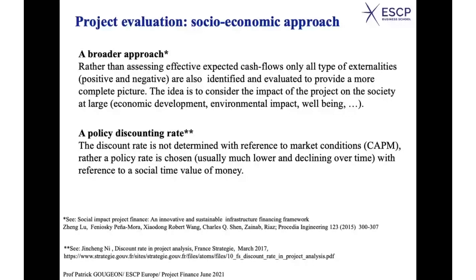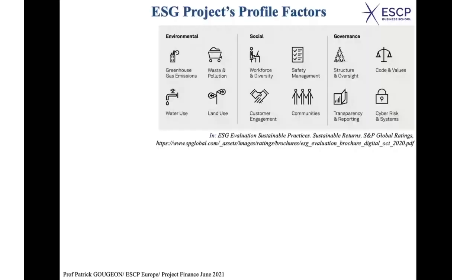Okay, so having said that, what does it mean when we say negative externalities or positive externalities? It has to do with what we call ESG right now. You have probably heard of that. ESG stands for environment, social, and governance, as you can see here.